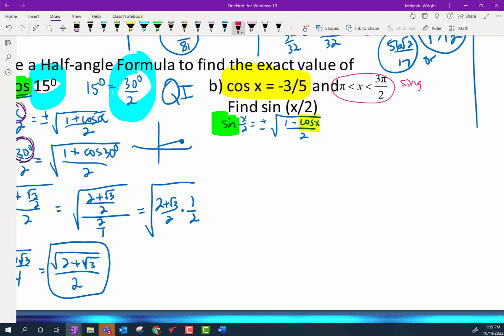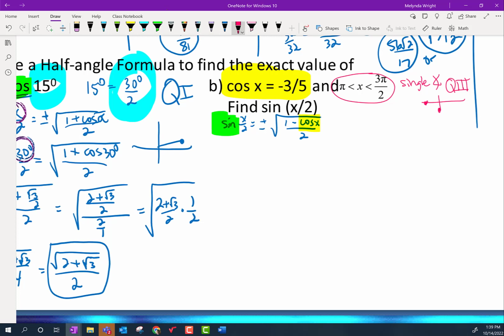For the single angle, I'm between pi and 3 pi over 2, which makes me in quadrant 3. If I was going by the single angle, what value is sine, positive or negative, in quadrant 3? It's negative. So if I was going by the single angle, I would be using the negative version, but I'm not. I have to go by the half angle.